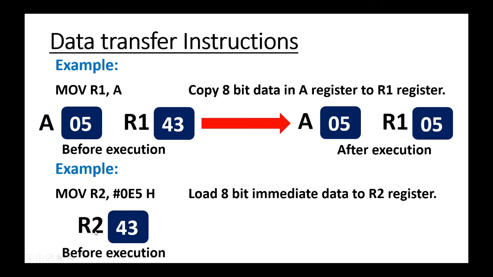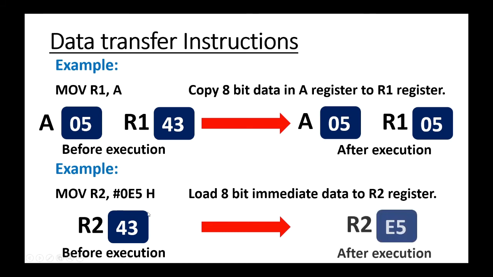Let's assume before execution of this instruction R2 has 43, but after execution R2 will be loaded with E5. When there is immediate data in the instruction and that immediate data is to be loaded into any register like R1, R2 or the accumulator, that immediate data is 8-bit.